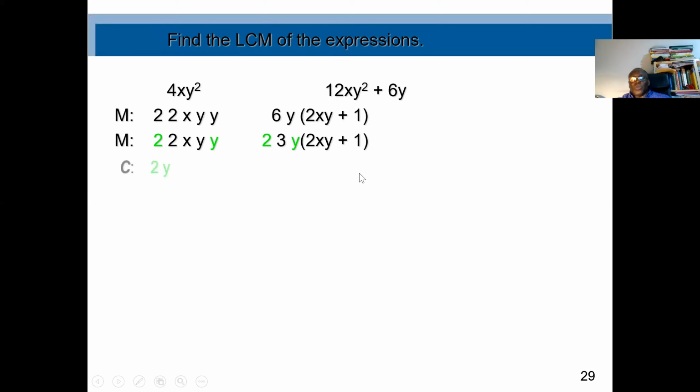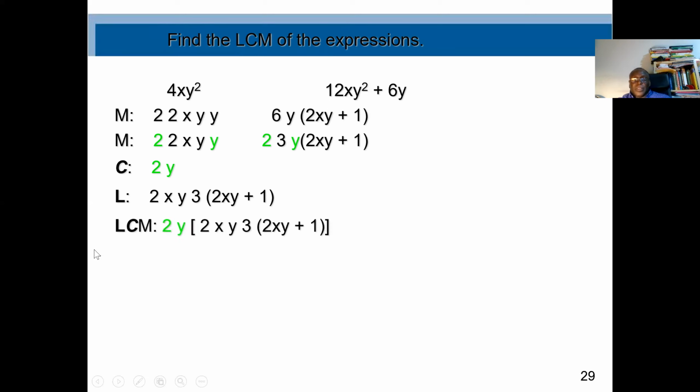And that will give me 2 and 3 for 6. We change it to prime factors. Here we get again 2x y, 3, 2xy plus 1. We get 2y, and x cube.